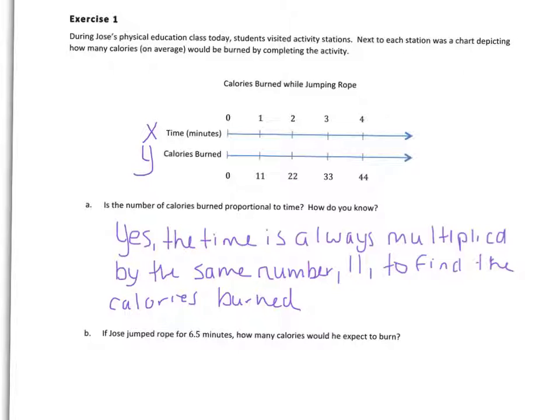And if you do the division, 11 divided by 1, 22 divided by 2, 33 divided by 3, you can see that every time you have to multiply by 11. So yes, the time is always multiplied by the same number, 11, to find the calories burned. So it is proportional.